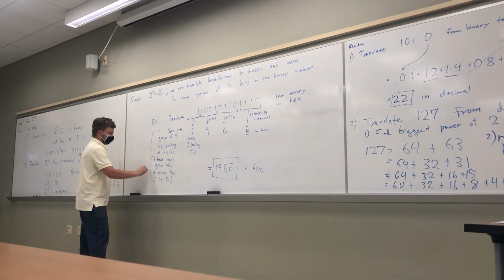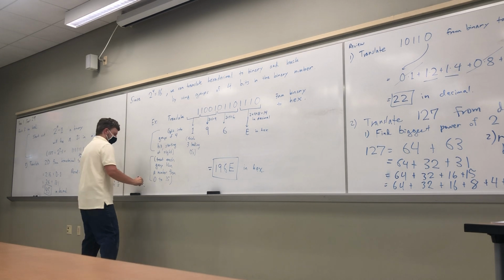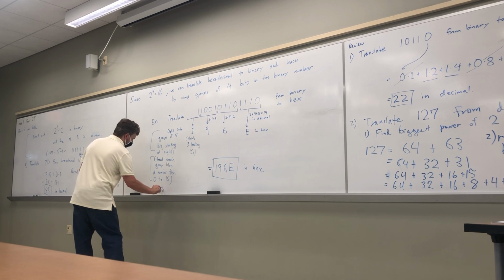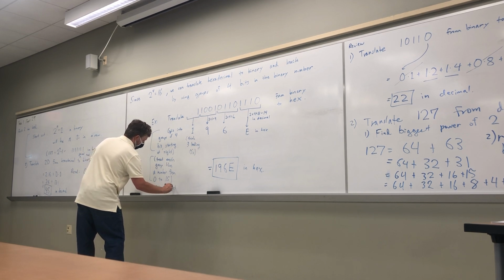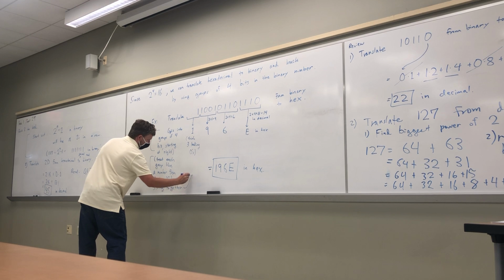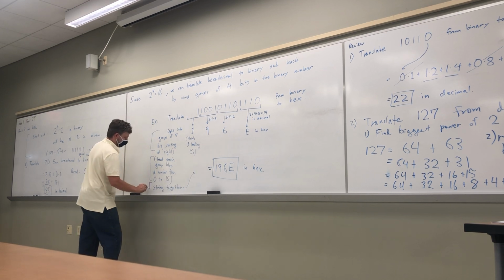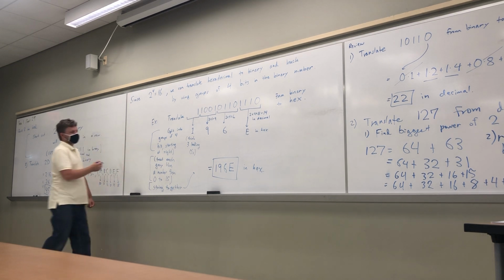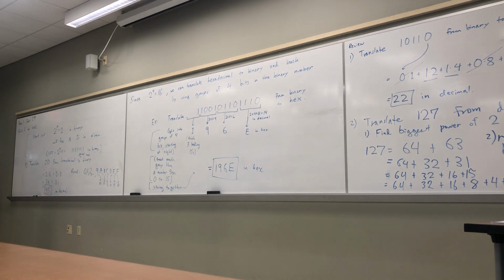This one's a step, this is a step, and then now just string them together. So it's a 3-step process, sort of. You can shorten it if you can do some of those in your head, or write the 196E closer together instead of spreading it out like I did. But that's how you do it.